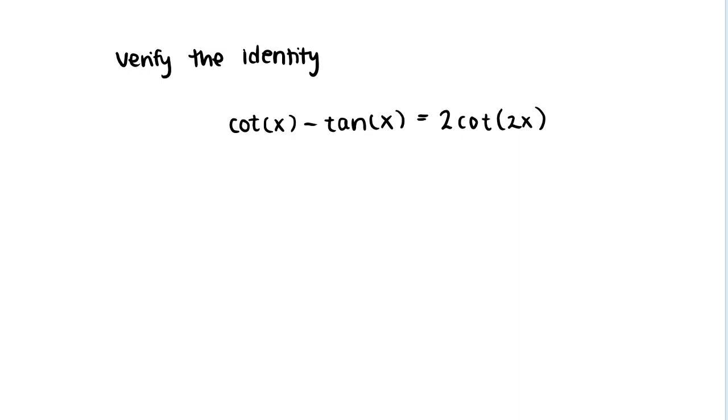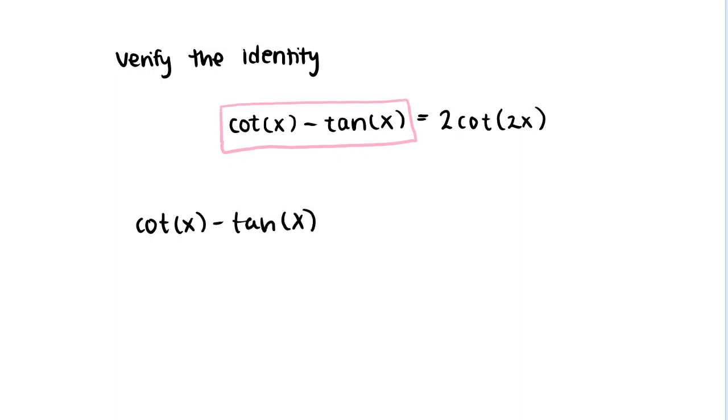And usually it's harder to take a term and break it up into multiple terms. So let's start with this side here with multiple terms. Maybe we can combine it into a single term. So let's start with cotangent of x minus tangent of x.